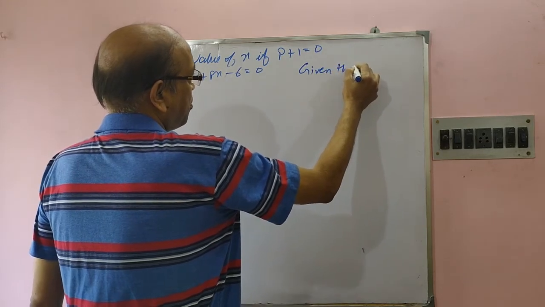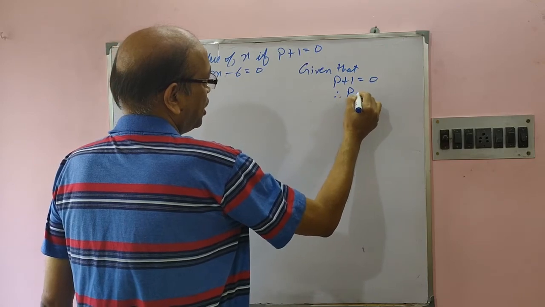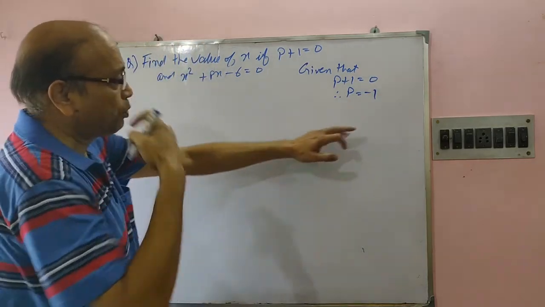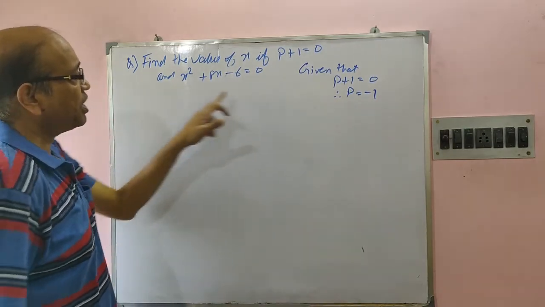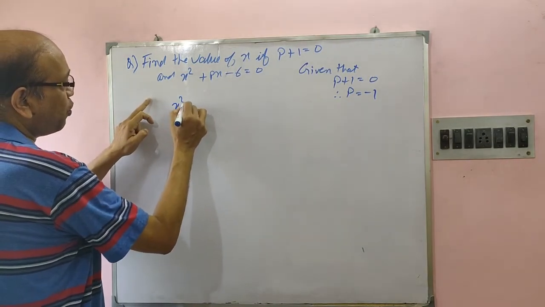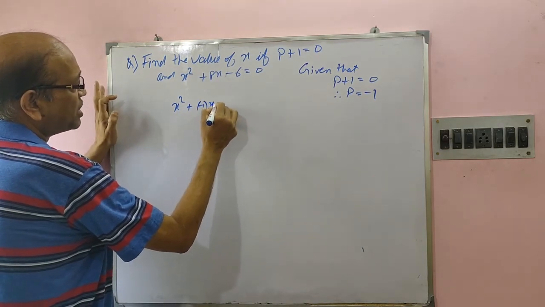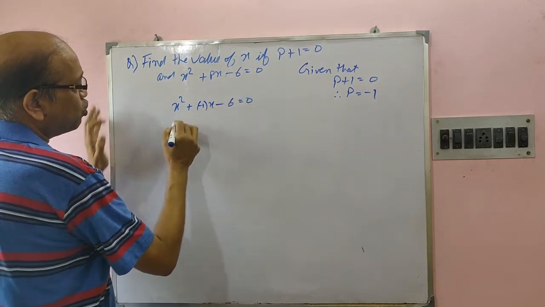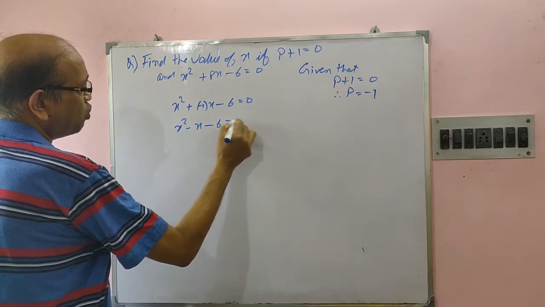It is given that p plus 1 equals to 0, therefore p is equals to minus 1. Now put the value of p in this equation. Putting the value of p in this equation, I get x squared plus, what is p? Minus 1 into x minus 6 equals to 0. So I get x squared minus x minus 6 equals to 0.